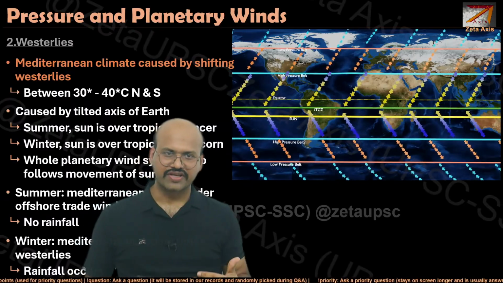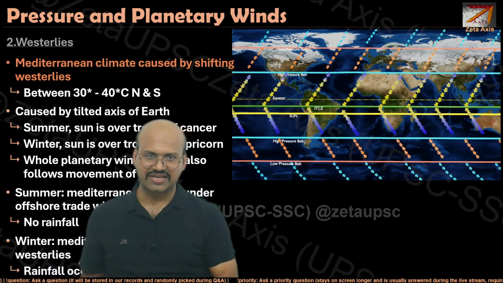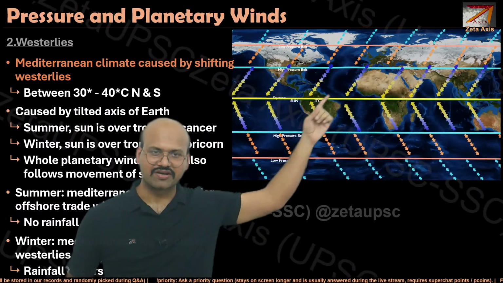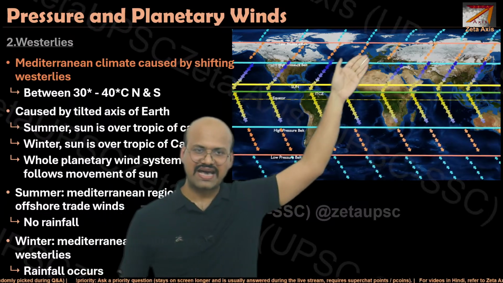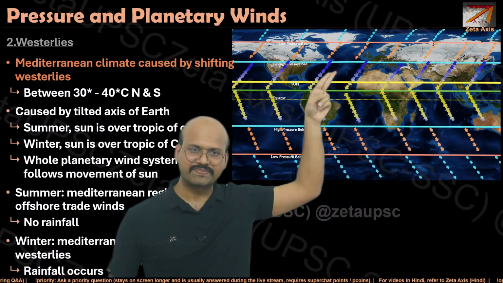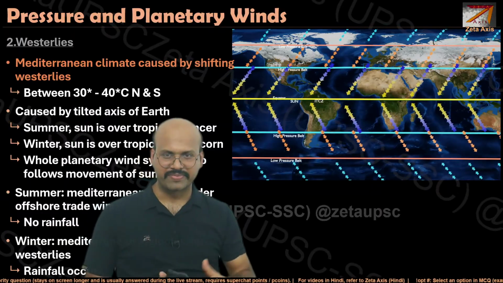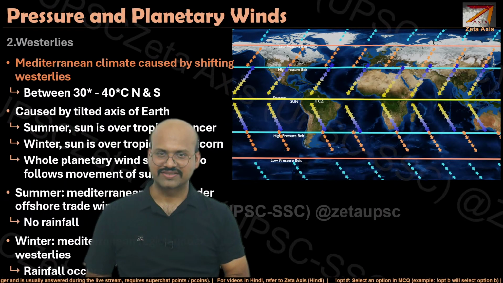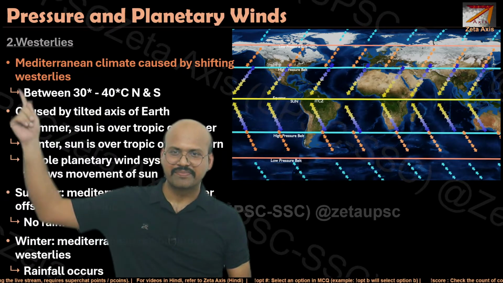For half of the year you will see westerlies flowing from the western direction, from the southwestern direction, and for another part of the year you will see that the trade winds are blowing, as you can see in this region. So there is a change in direction of the winds experienced by this region because of this shifting of the wind belts. That is because of this shifting of the wind belts in the particular region where there is difference, it is called Mediterranean climate.